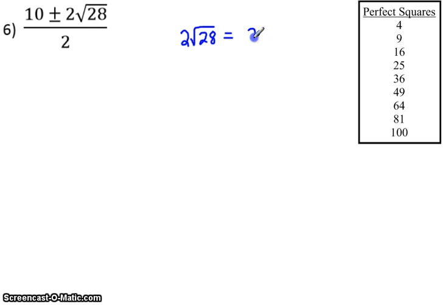So remember to keep that 2 out front, but then we're going to do 4 times 7 will give us 28. I'm going to separate this out. So it's going to be 2 times radical 4 times radical 7. Remember, radical 4 is 2. So we've got 2 times radical 7.